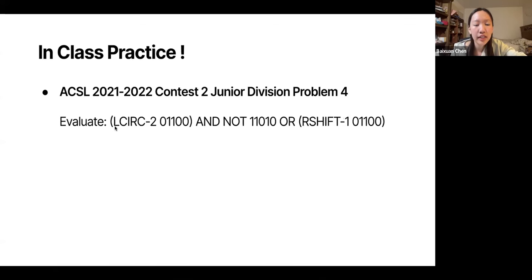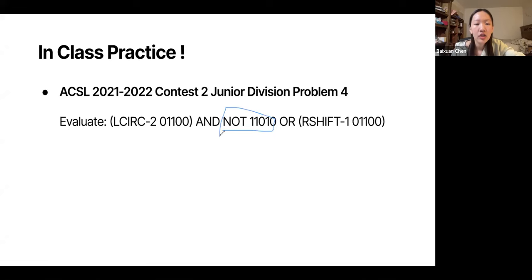So evaluate left circle to 0, 1, 1, 0, 0, and not 1, 1, 0, 1, 0, or right shift 1, 0, 1, 1, 0, 0. Okay, so we go from left to right if there's ones of equal precedence, and the one of highest precedence right now is not.